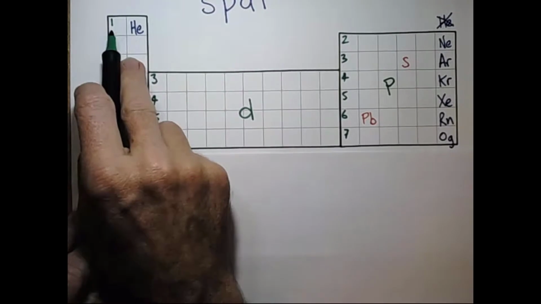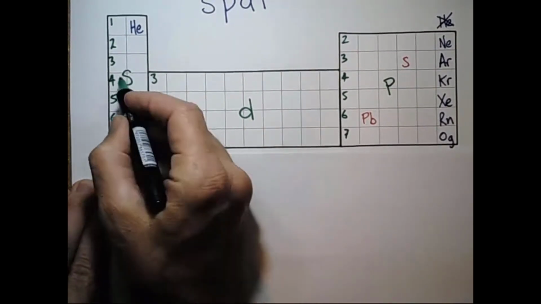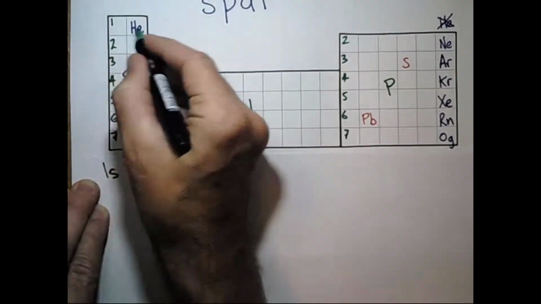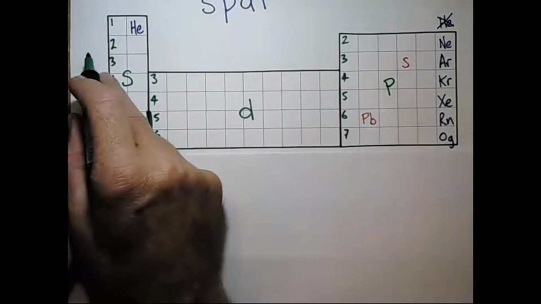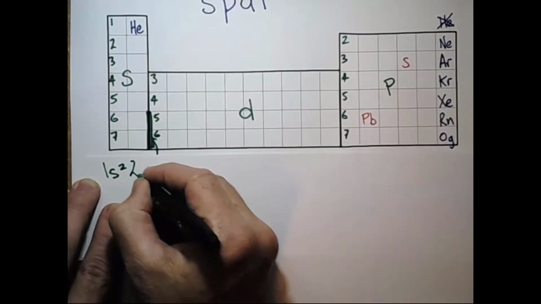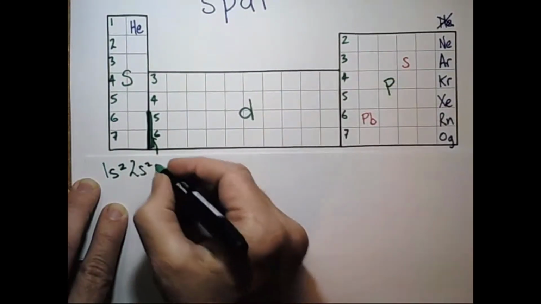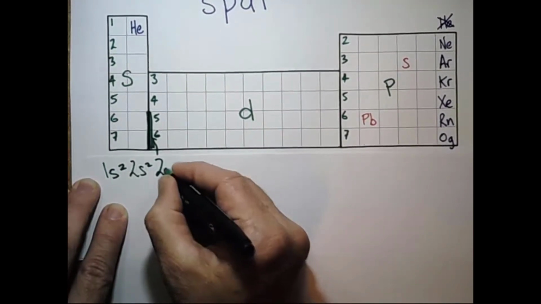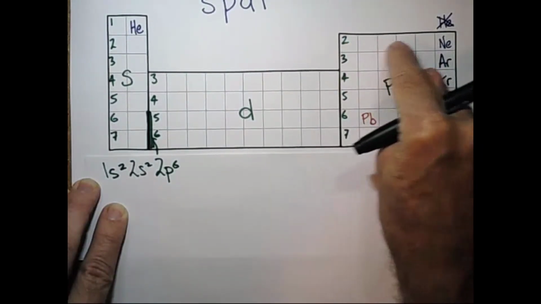So we're going to start with our first shell. We're in our s subshell, and we have 1, 2 electrons. 1s2. That's all we've got in the first period. We come down to the second period. 2s2. 1, 2. Come across to 2p6, 6 electrons. 1, 2, 3, 4, 5, 6.